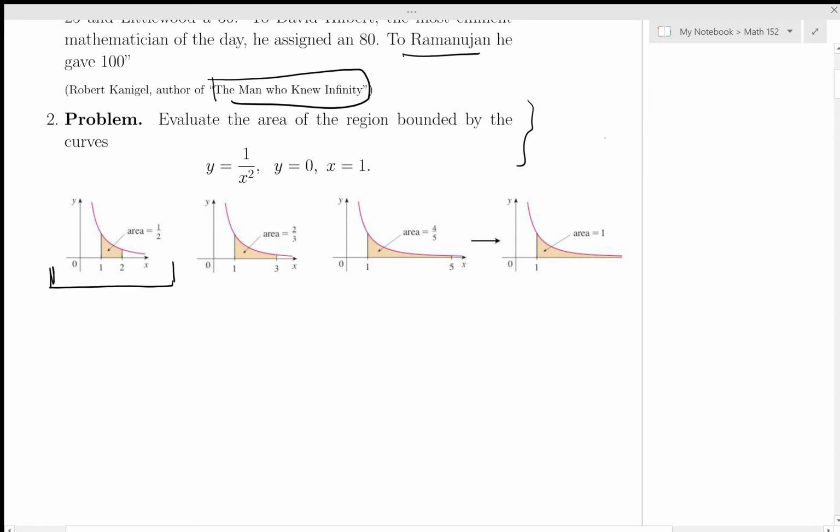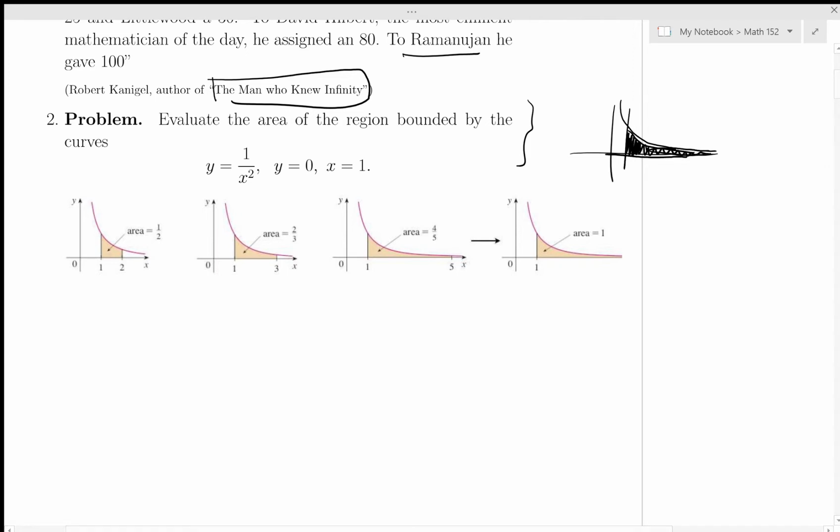Oh, I see. Sorry, these words here are not this picture here; these words here are this picture here. So it's going to go like that the whole way. Can we figure out what that area is? That's what we want to see if we can do.